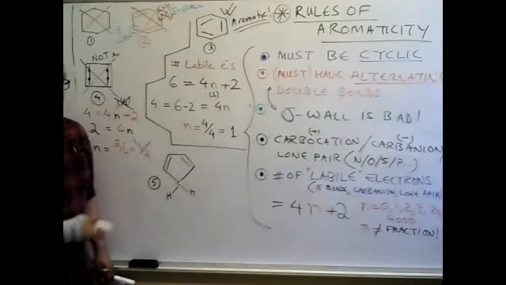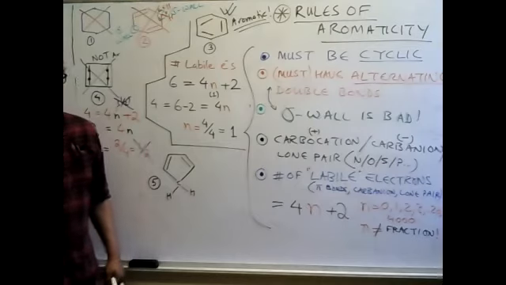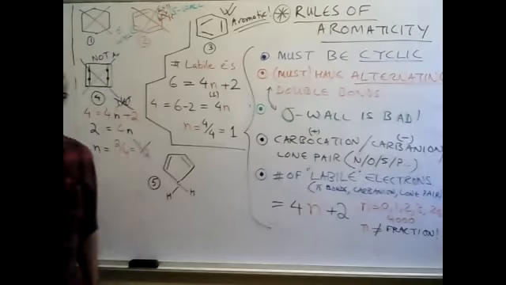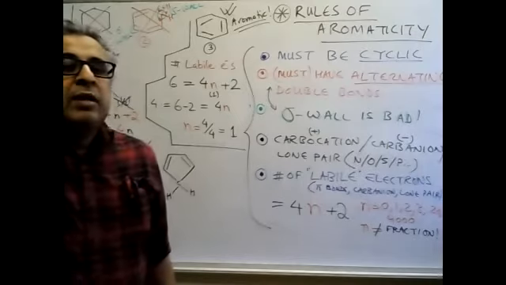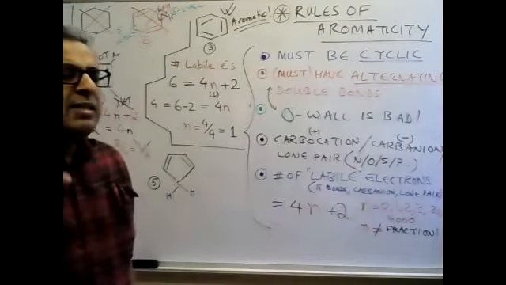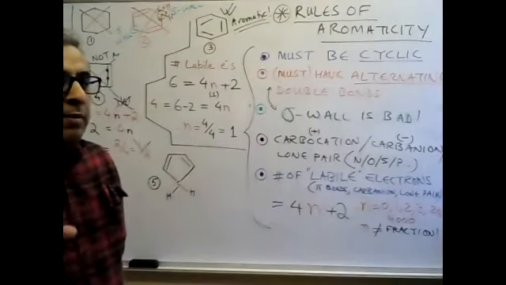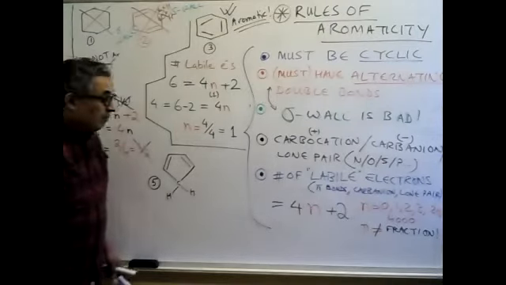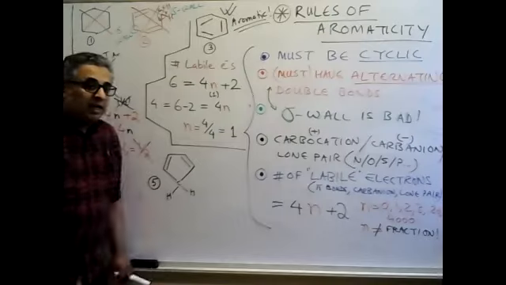When you look at this molecule, do not waste your time going through the whole list. You should be able to spot the problem. This cyclopentadiene has a huge problem to be aromatic. What's that problem? Who wants to say?